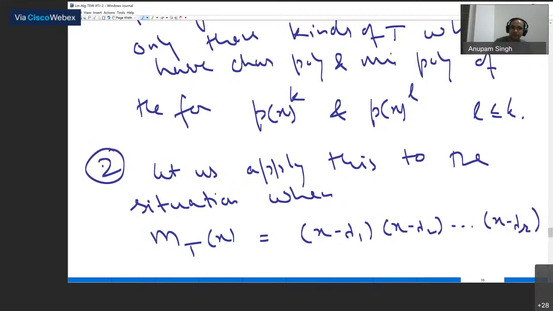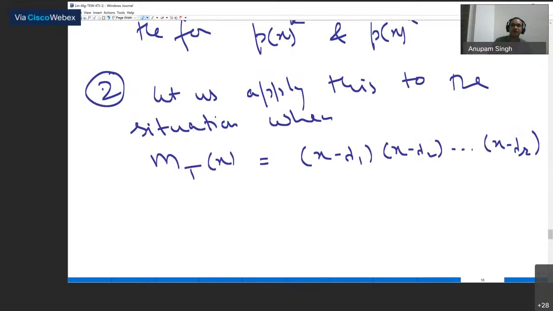The minimal polynomial is of this form. What happens if I have a transformation whose minimal polynomial is of this form? That means it's a product of irreducible polynomials of degree 1, and each one of them appears with degree 1 only.